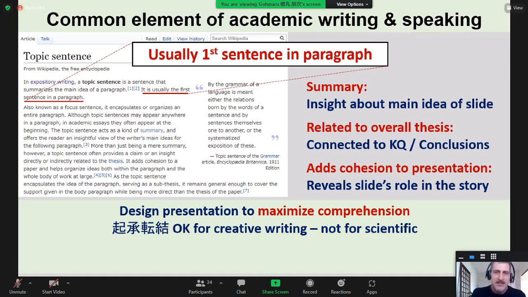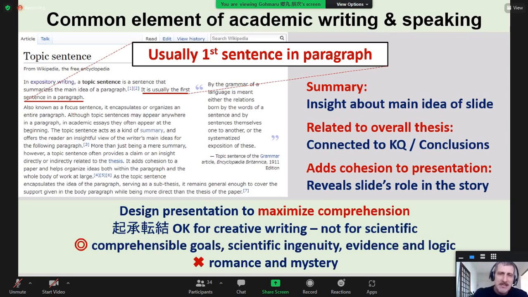And then we reveal that, in fact, this is the true meaning behind all of this, and make the reader go, oh, wow, that's so interesting. And then we tie it together. That's Shotenketsu. And it's great for novels, for literature, for movies, for romance, things like this. But in a scientific presentation, we want the audience to catch what our goals are.